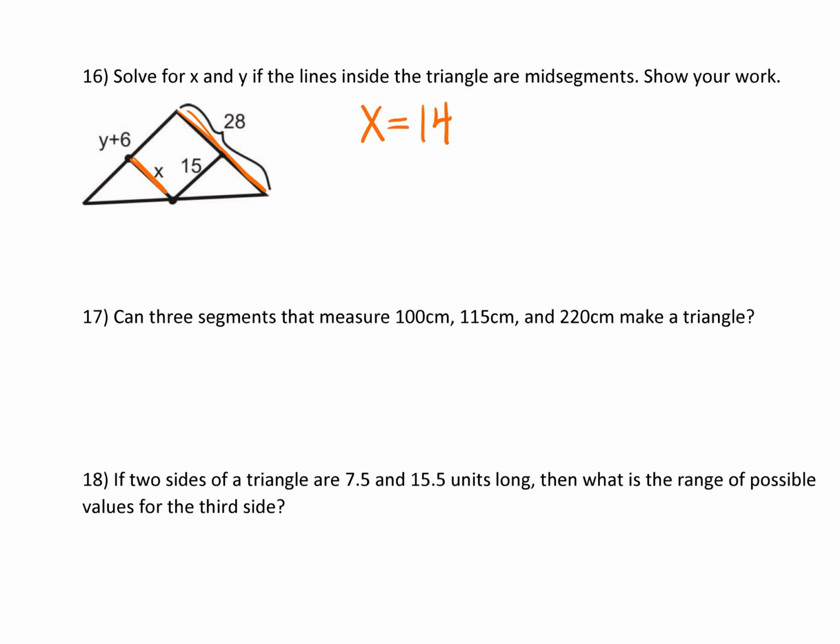And then 15 is, sorry, I got buttons happening over here. Y plus 6 is half of 15. Well, half of 15 is 7.5. And solve for y. Y equals 1.5. And you're done.